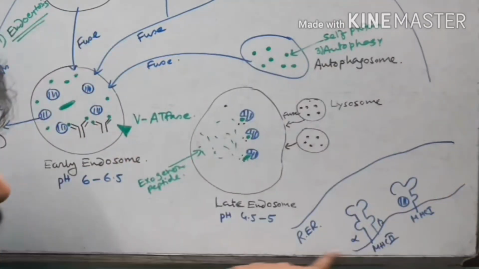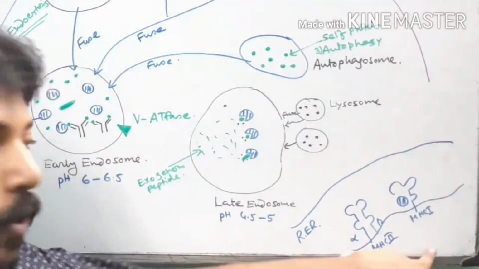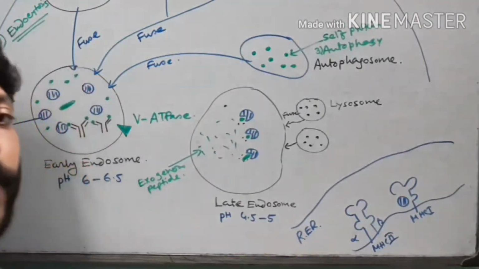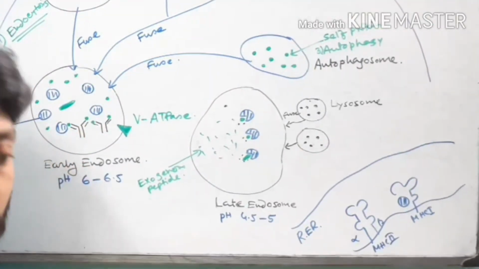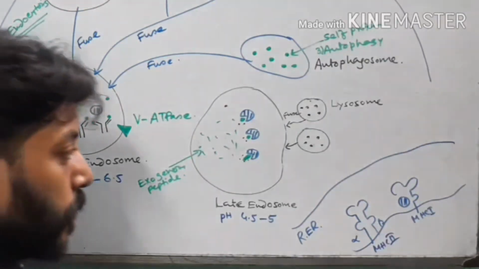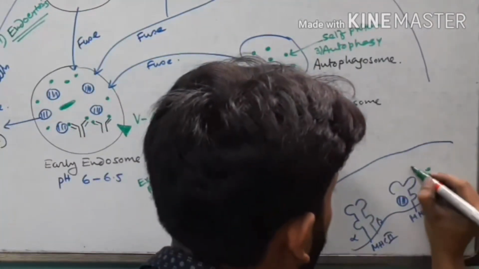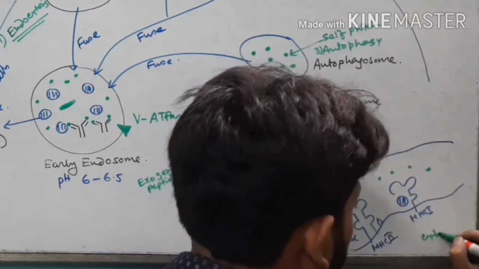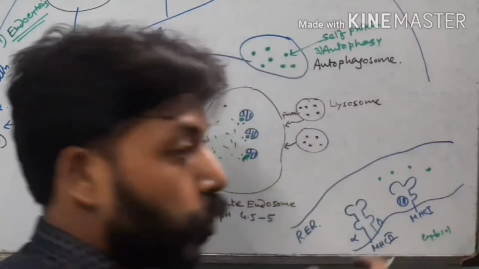And what happens in case of class 1 MHC molecule? The antigen or peptide loading occurs in the rough endoplasmic reticulum, RER. These are the endogenous peptides coming from the cytosol. Let us assume this is a cytosol. In this cytosol, proteasomes are present.